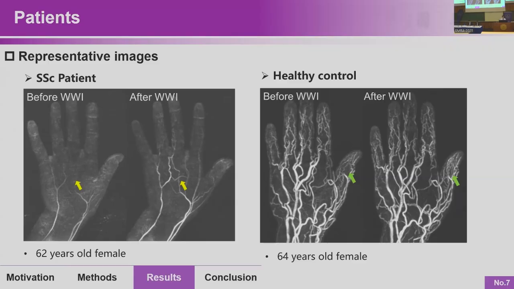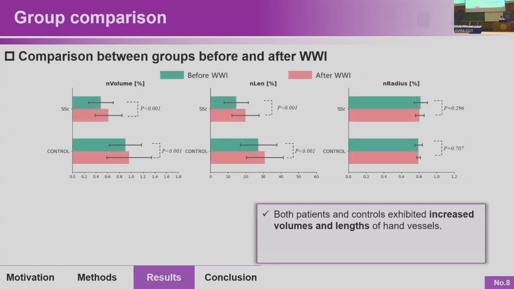After the 5 minute warm water bath, the imaging of the vessels is apparently improved, yet it's still sparse. Also for the healthy control, the warm water bath improves the imaging of small vessels, especially in the fingers. Here's a statistical comparison of the features.